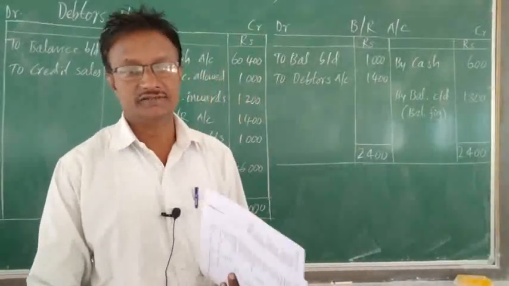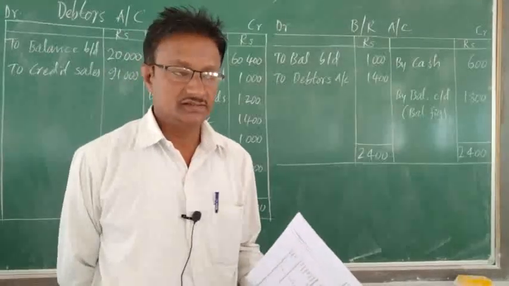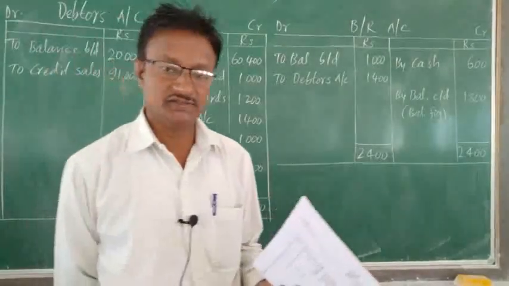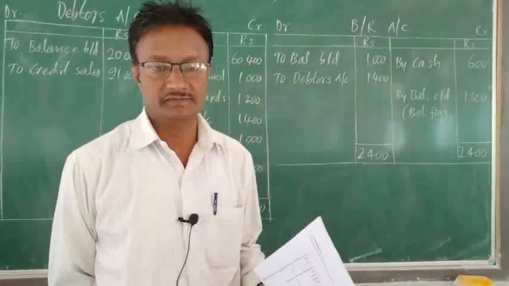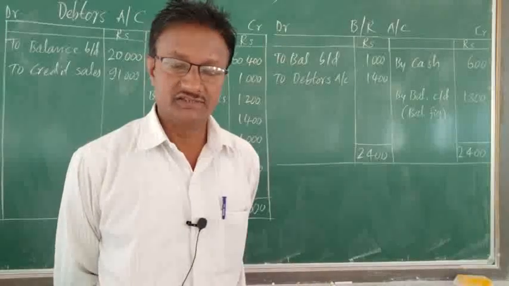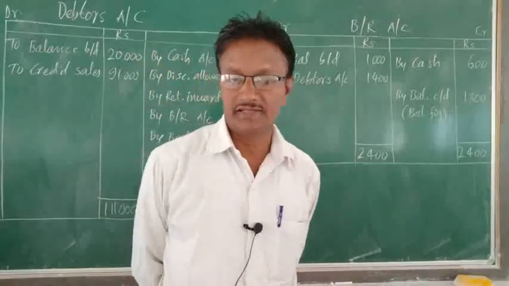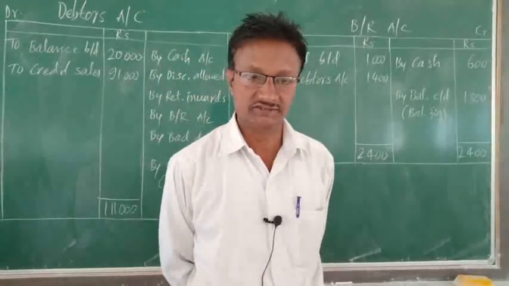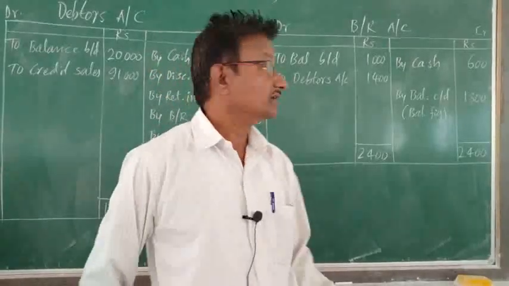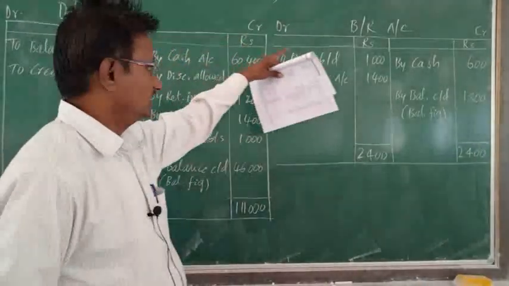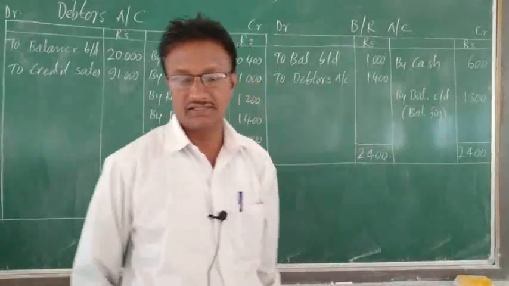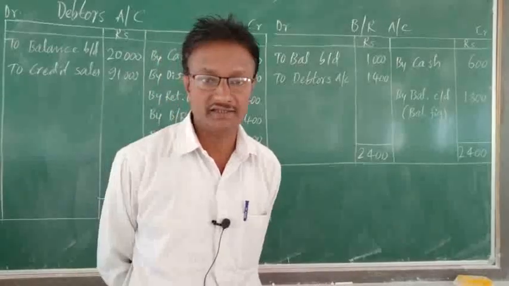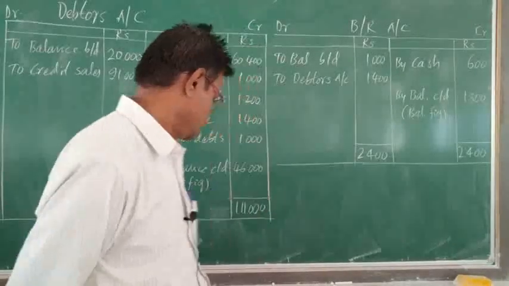Also in the cash book, bills receivable and bills payable, cash paid and cash received. Regarding the bills payable and bills receivable, information is given. So we have to prepare the four accounts related to debtors and creditors. First, the debtors account and bills receivable account, and next the creditors account and bills payable account.